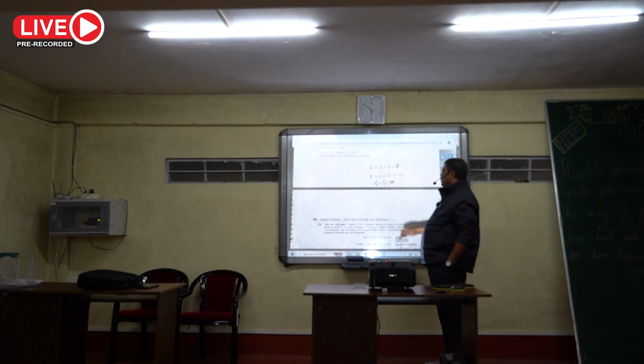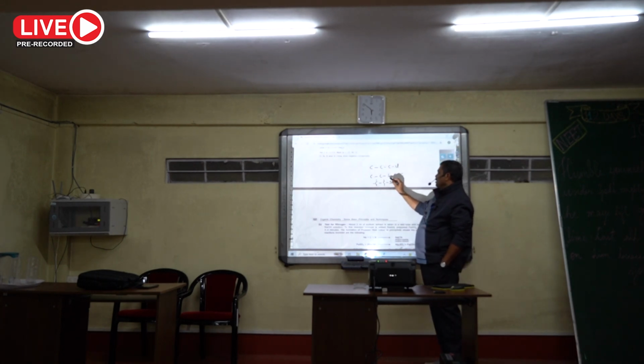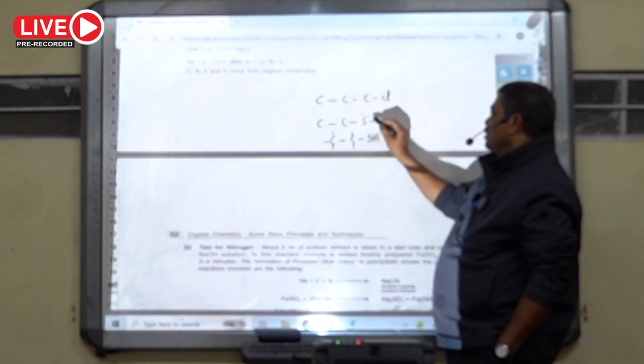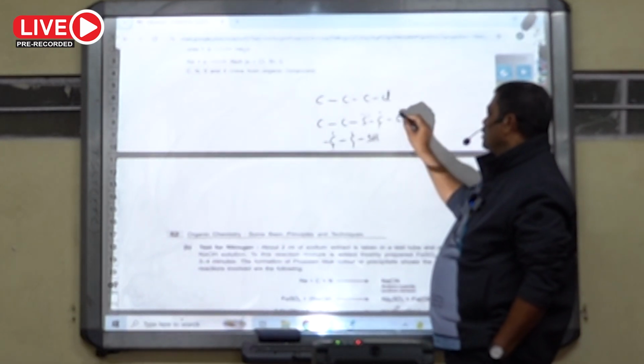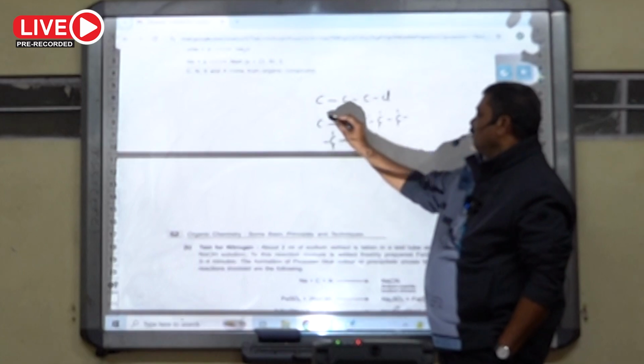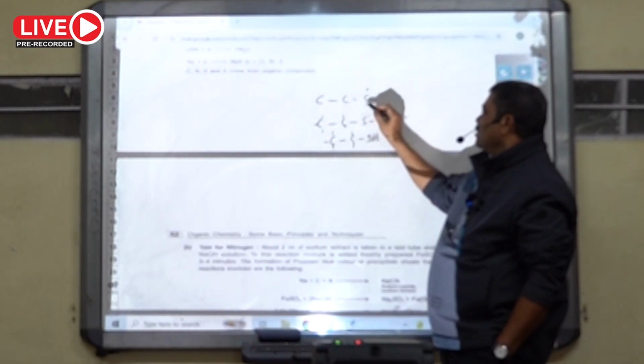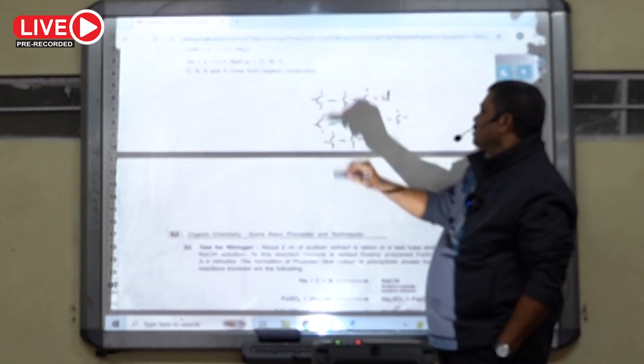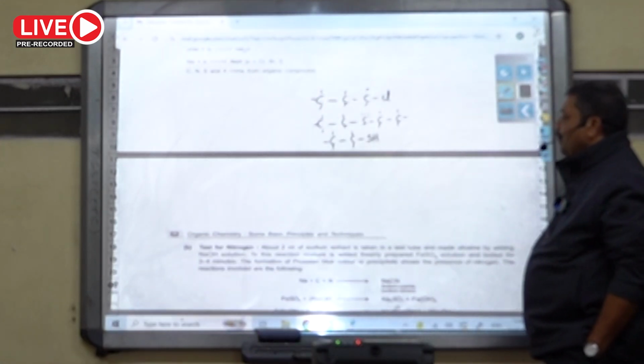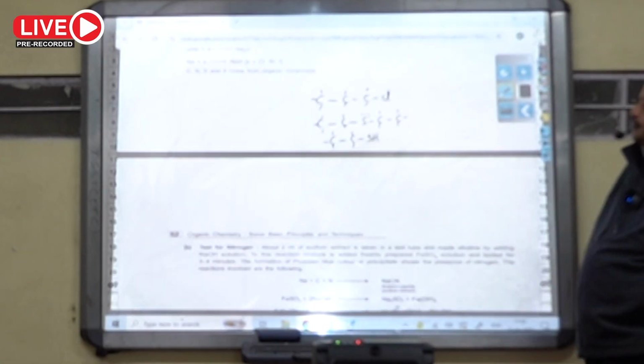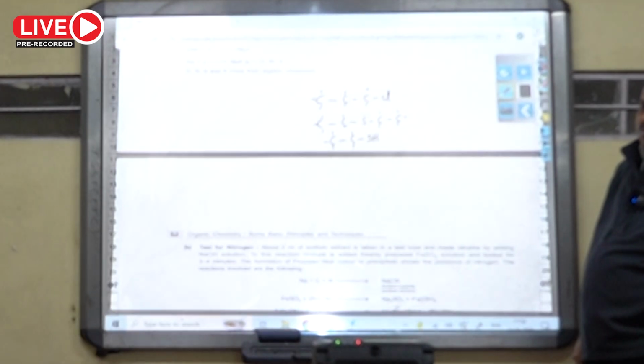Sulfur can be directly present like O. What is the first compound? 1-chloropropane, a haloalkane.